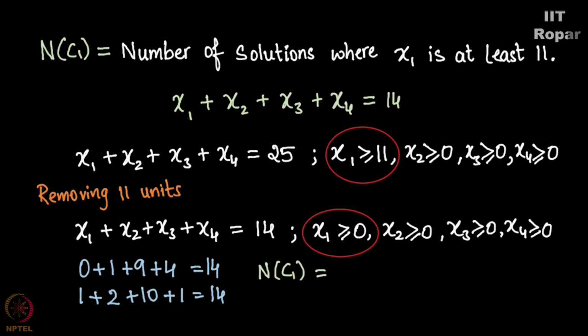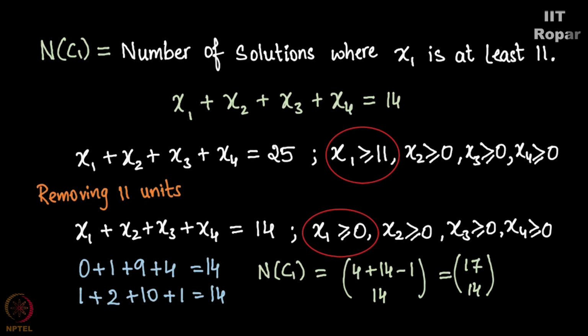It is equivalent to asking x1 + x2 + x3 + x4 should be 25 with x1 at least 11. Now, how many such possibilities are there? Again, following combination with repetitions, it is 4 plus 14 minus 1, choose 14, which is 17 choose 14. N of C1 happens to be 17 choose 14.